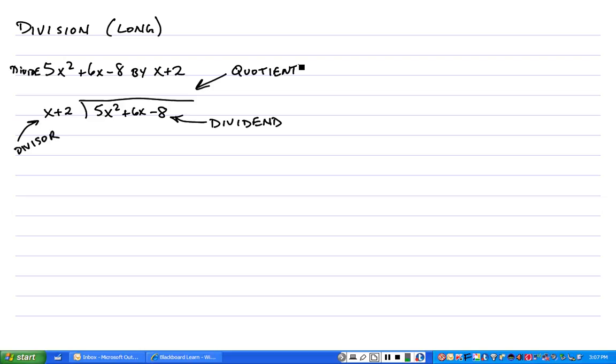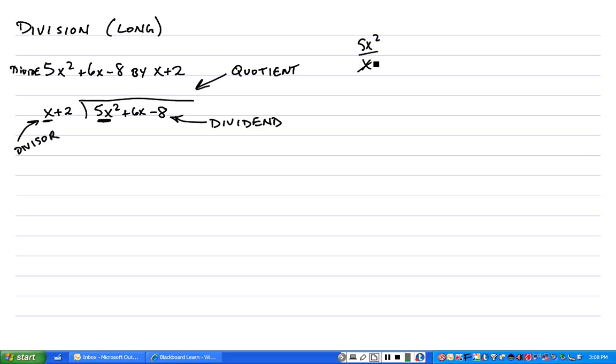Okay, so we have our problem set up, and we focus on the lead term in our divisor and the lead term in our dividend. We're trying to say what times x will give us 5x squared, or another way to look at it is 5x squared divided by x, what would that give me?